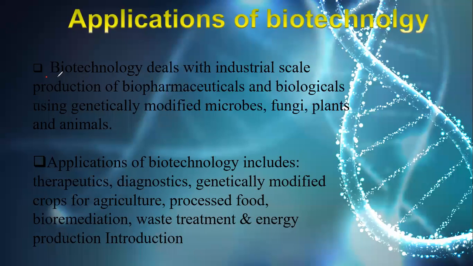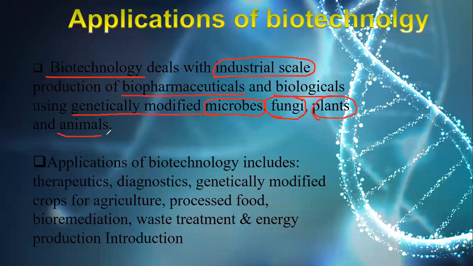So, biotechnology deals with the industrial scale production of biopharmaceuticals as well as biologicals. How? By using genetically modified microorganisms. You can use genetically modified microorganisms, genetically modified fungi, genetically modified plants, or genetically modified animals.